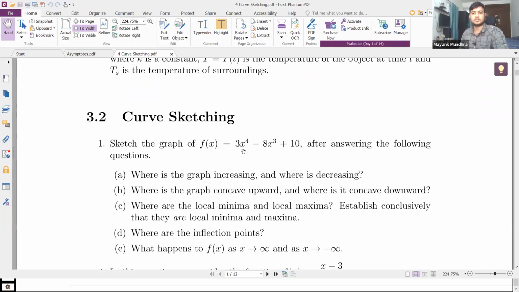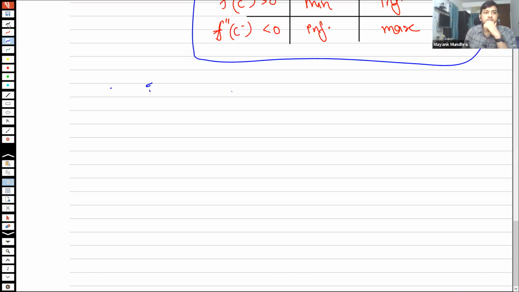3x to power 4 minus 8x cubed plus 10. So this is my f of x, and I have to draw the graph of this function.